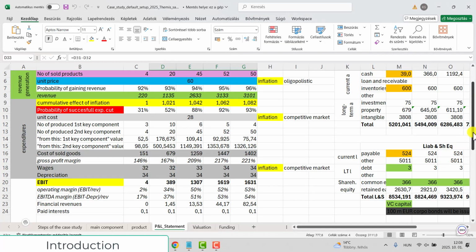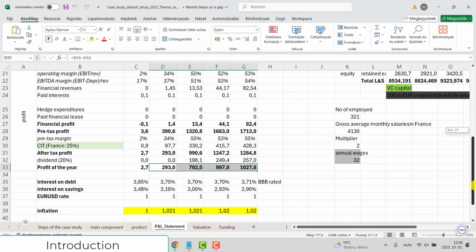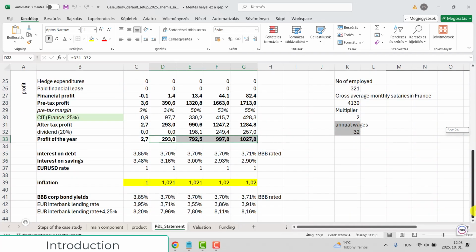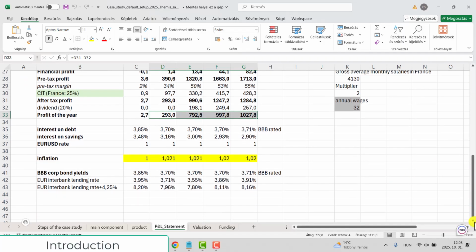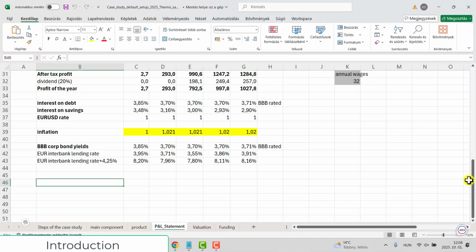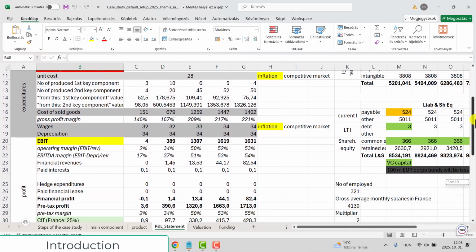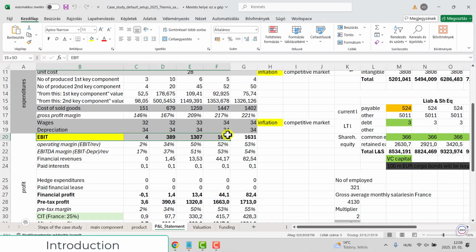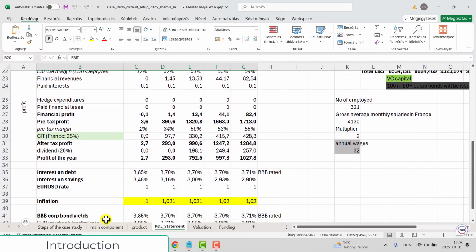On one hand, we could just copy and paste the profit and loss statement into the document, and we would be really happy about this. But come on, guys, we should do it better. So that's why we can say that at least we can compare the EBIT, old EBIT, new EBIT. Also, we can compare profit of the year.